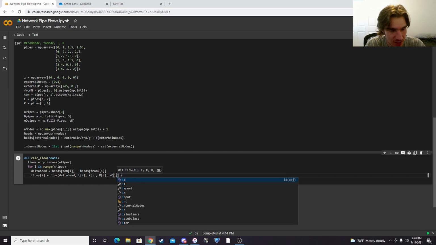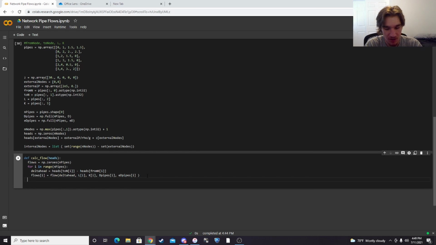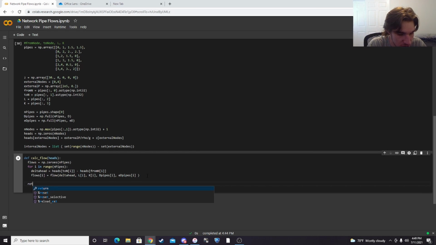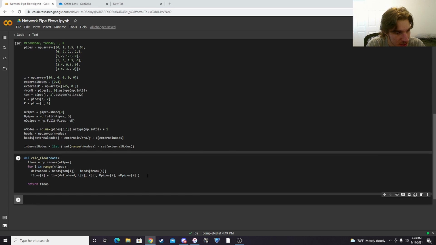Although this is not correct yet because we did not specify. We want this to be the pipes. ED pipes. So once we have that right there, we want to go ahead and return our flows. See if that works out.